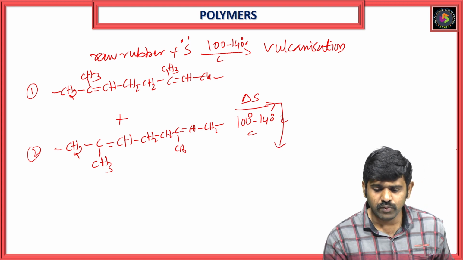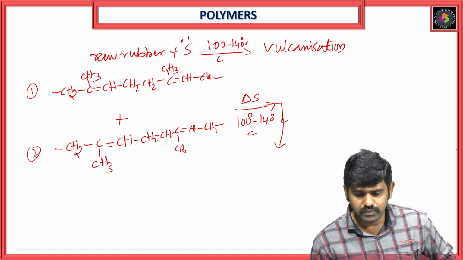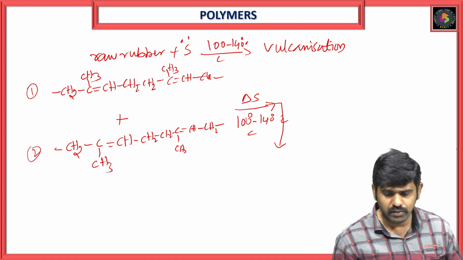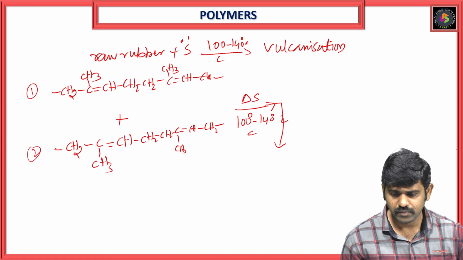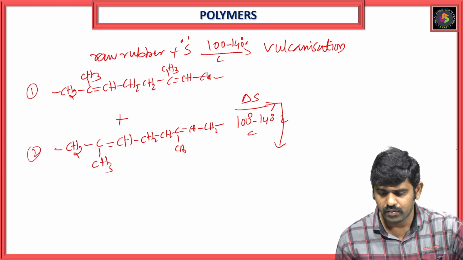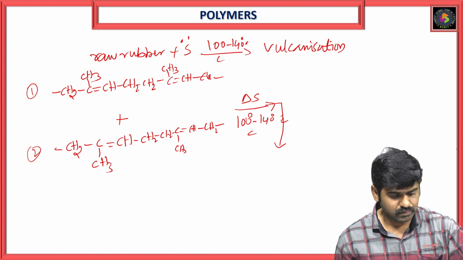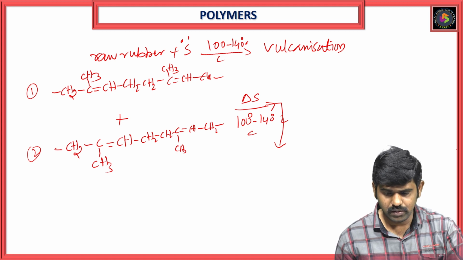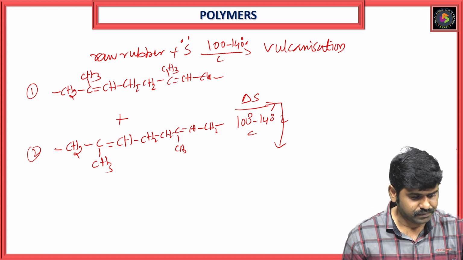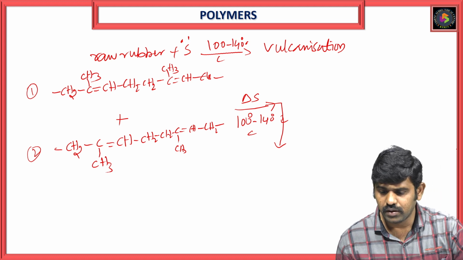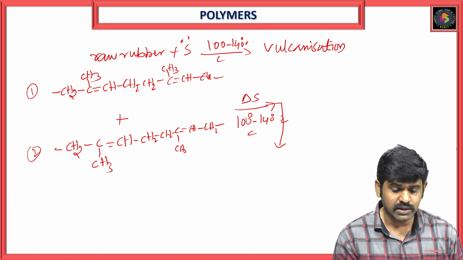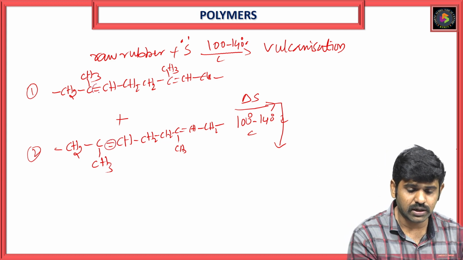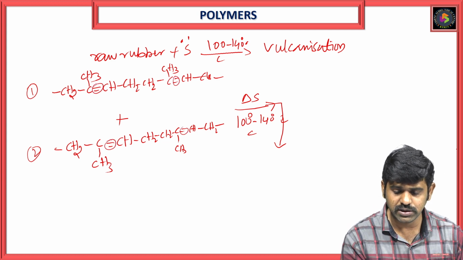So here I am writing vulcanized rubber. It combines at the double bonds of two rubber springs.